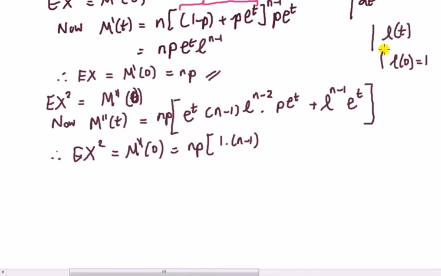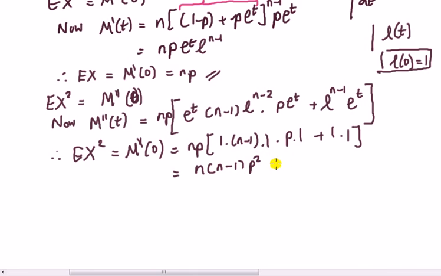So we could have made that note for all the working right through. So that's 1 times p times e to the 0 which is 1, plus, now we know that's 1 times, that's 1. So what do we have? Taking this through, we have n minus 1 times p squared plus np.